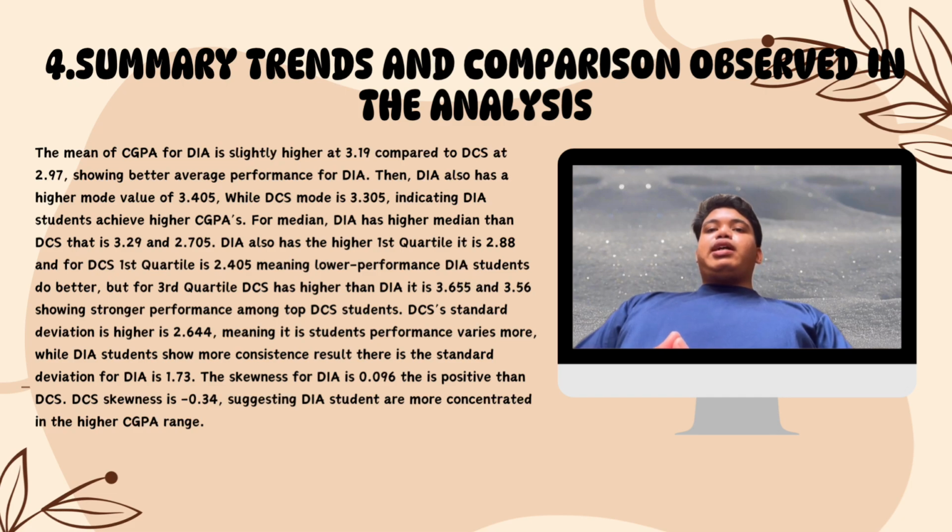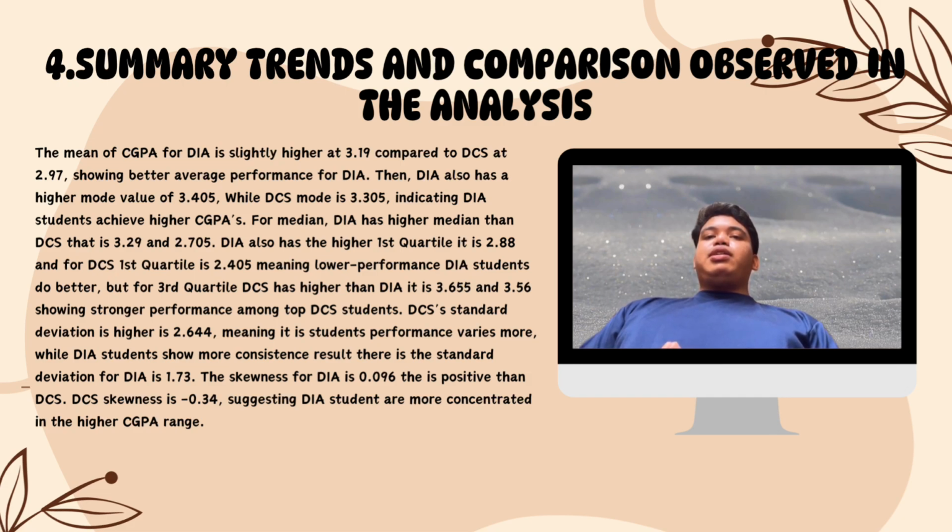For median, DIA has a higher median than DCS, that is 3.29 and 2.705. DIA also has a higher first quartile, it is 2.88, and for DCS, the first quartile is 2.405, meaning lower-performing DIA students do better.